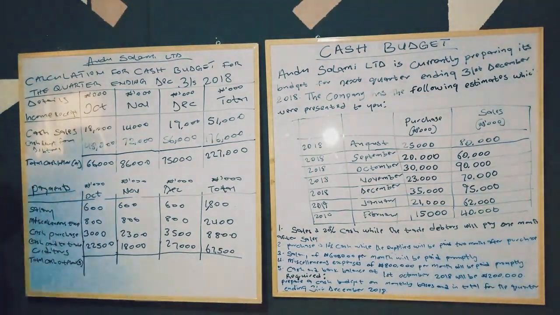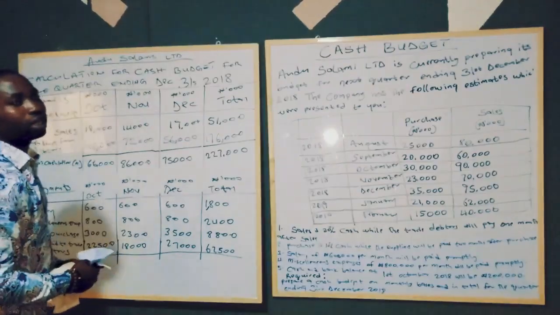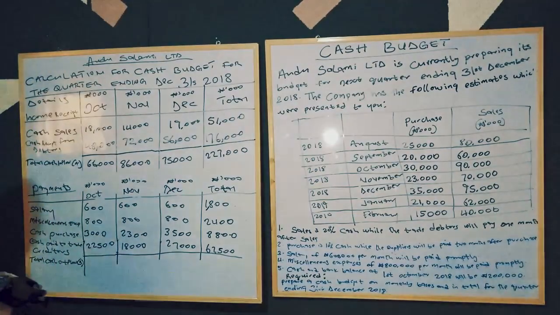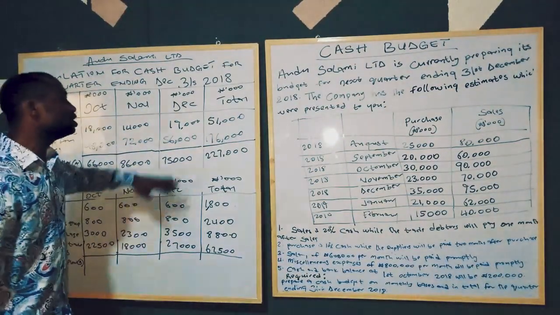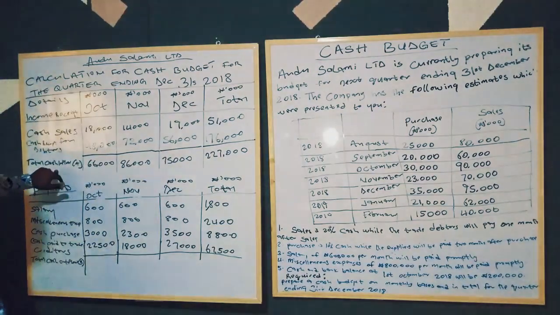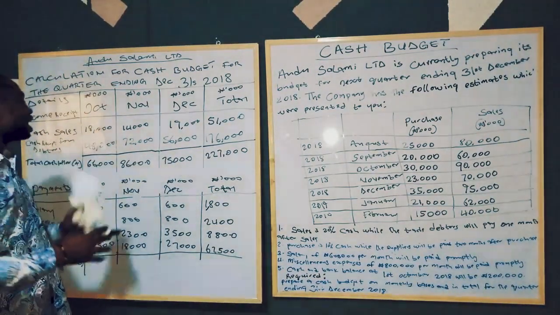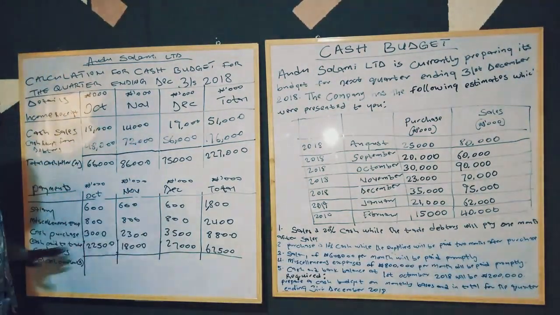That is all the money that goes out of the company within these 3 months. Likewise, all the money that comes into the company within these 3 months is what they call total cash inflow. Now to get our net cash flow, that is our income minus expenses.